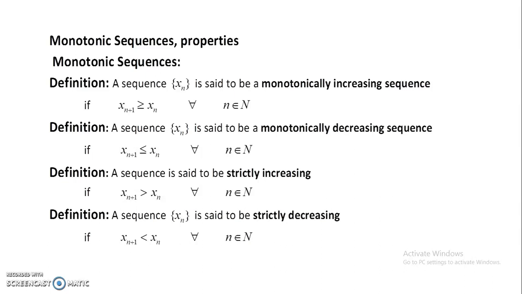Similarly, a sequence xn is said to be monotonically decreasing when we compare with the term after the nth term, that is xn+1, it should be less than or equal to the nth term xn for every n a member of the natural numbers N. It means that xn should be greater than or equal to xn+1.